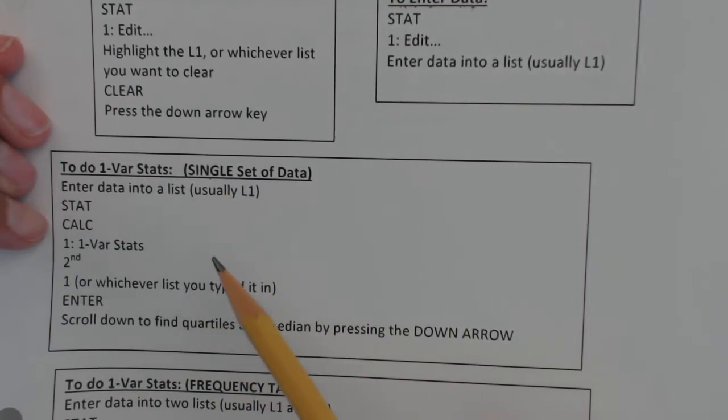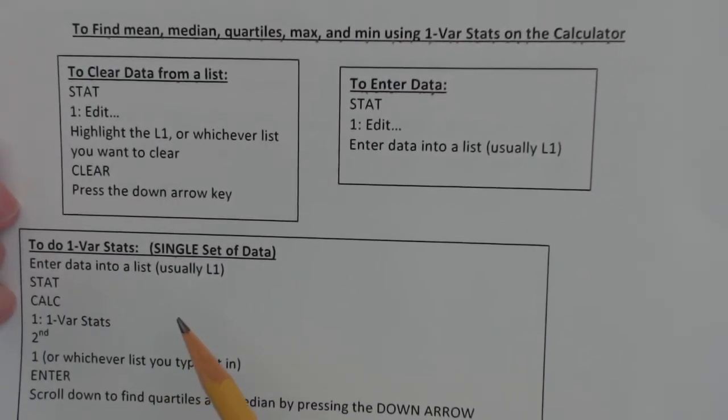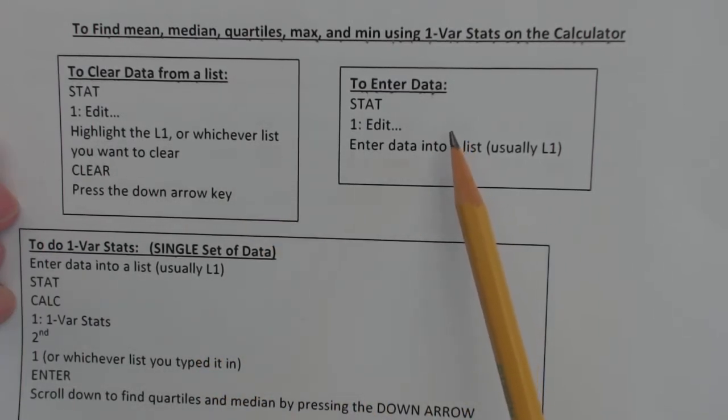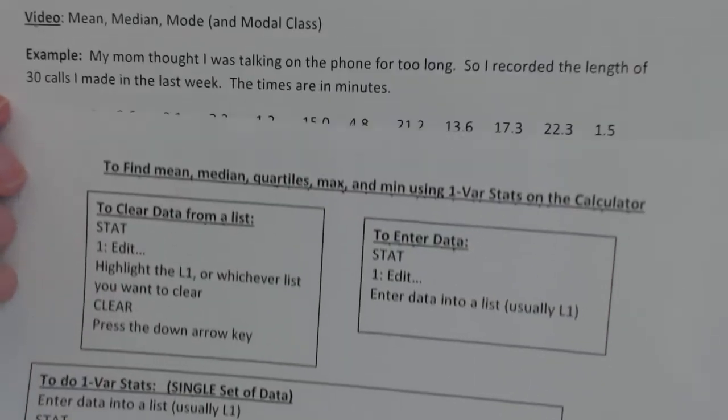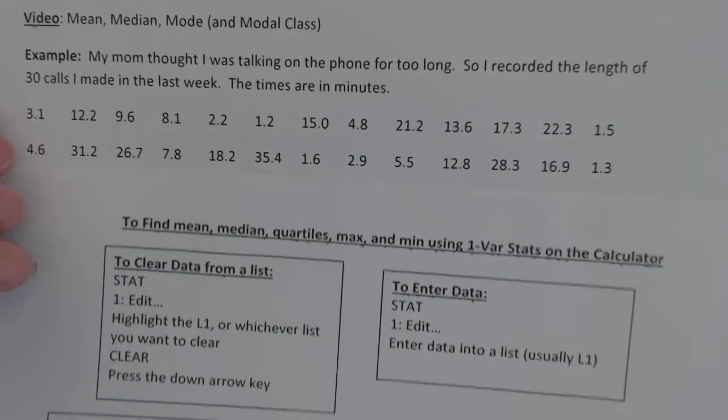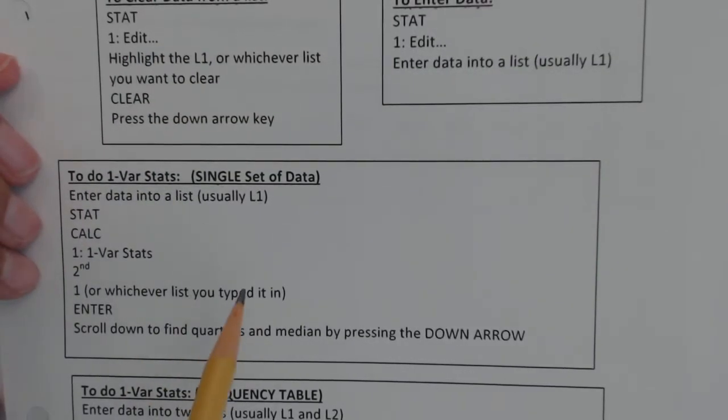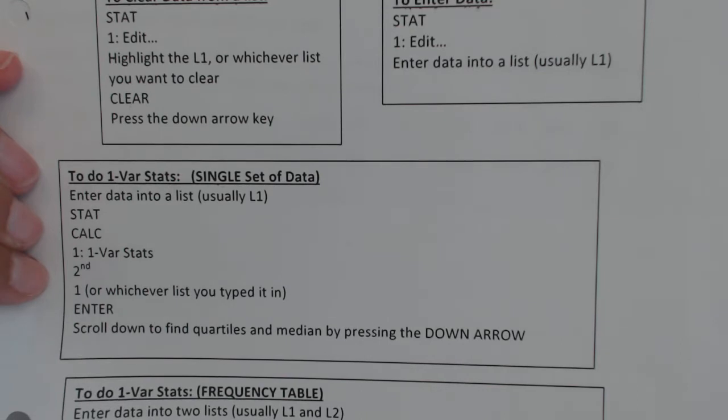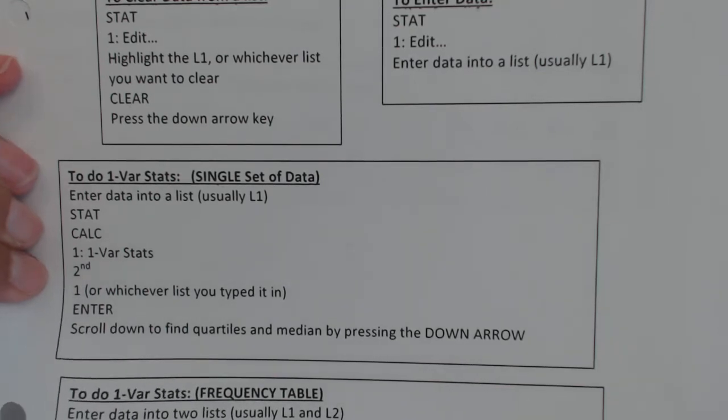So this is the one that I'm going to want you to try. So please go through. If you need to clear, here's how to clear. This is how to enter that data, and all you're doing is entering this data into list one, and then you're going to do what it says here. So again, please pause, try it out, ask me some questions because we're in class, and then come back to the video.